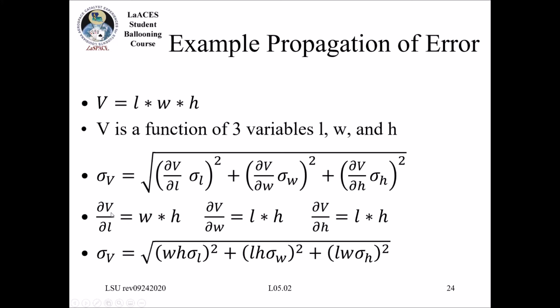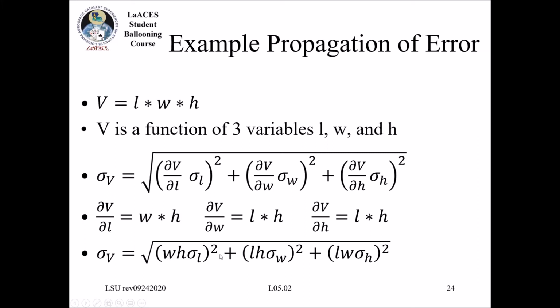So again, feel free to look up what the actual partial derivatives are, but in this case, the partial derivative with respect to length is just width times height, right? And similarly for the width and height. So the final equation you get when you do this is this one on the bottom.